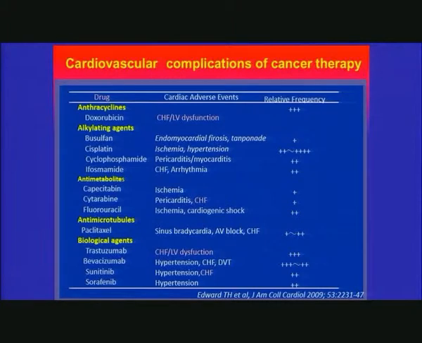You can see that doxorubicin, which is adriamycin, is the typical drug for inducing congestive heart failure and LV dysfunction. Herceptin also causes congestive heart failure and LV dysfunction.